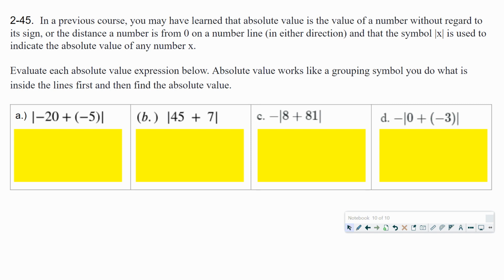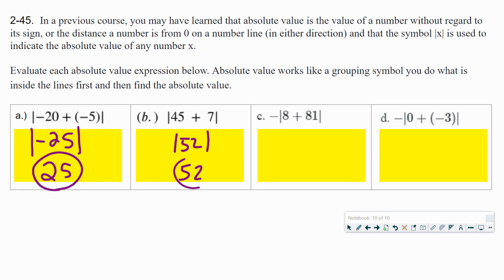So A, negative 20 plus negative 5 is negative 25. But then I have to take the absolute value, so I get positive 25. B, 45 plus 7 is 52. Since it's already positive, the answer would be positive 52.